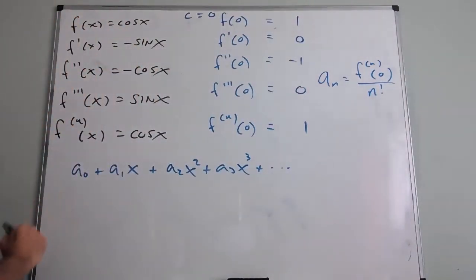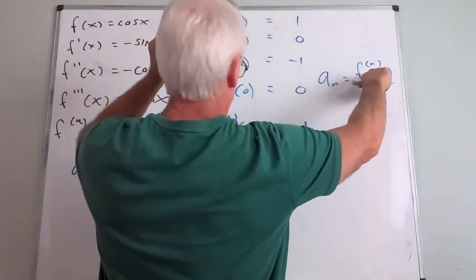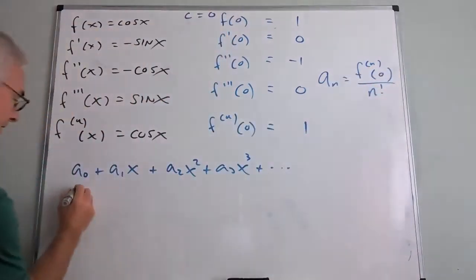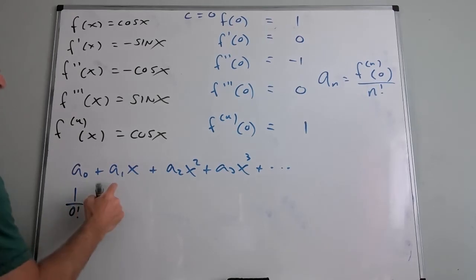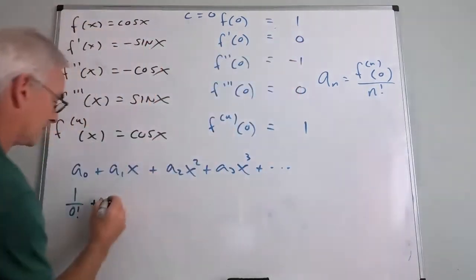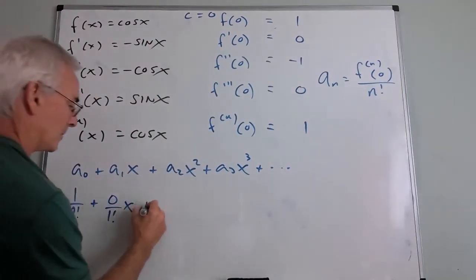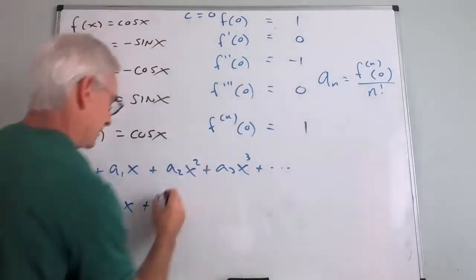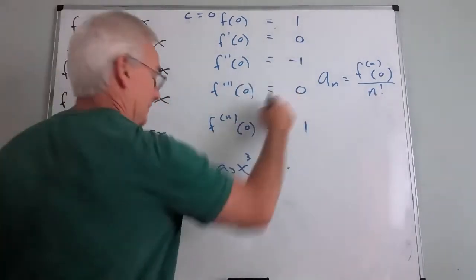So a0 is going to be the 0th derivative, so it's just cosine, which is 1. So technically it's 1 over 0 factorial plus, well, isn't a1 going to be 0? So it's 0 over 1 factorial x plus negative 1 over 2 factorial x squared plus 0.